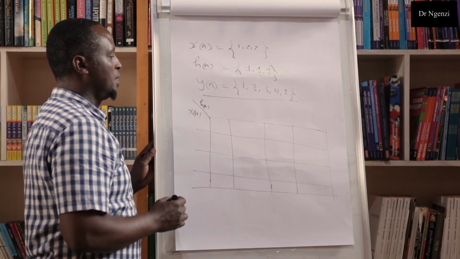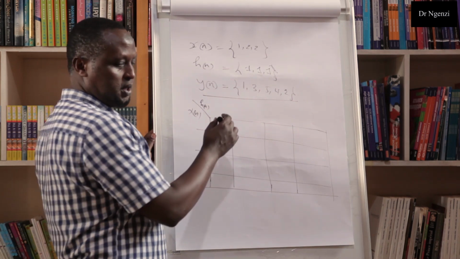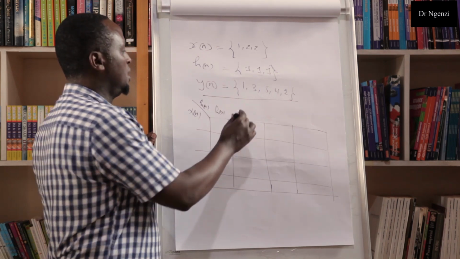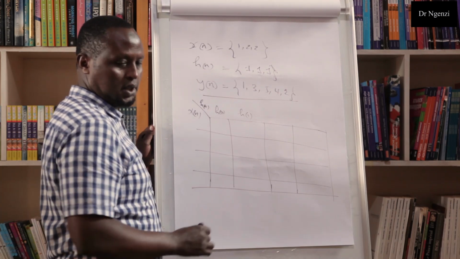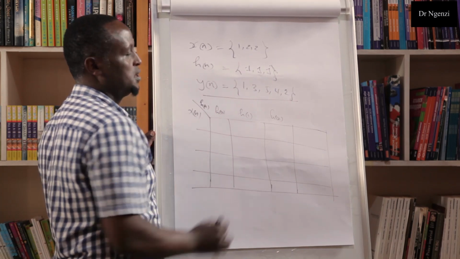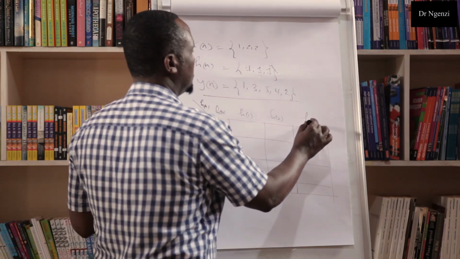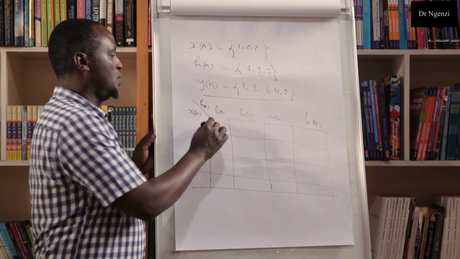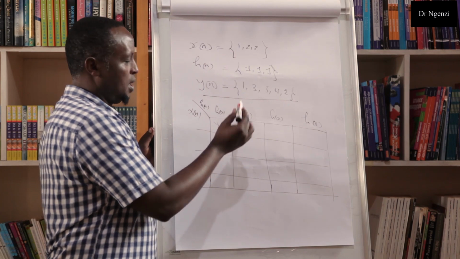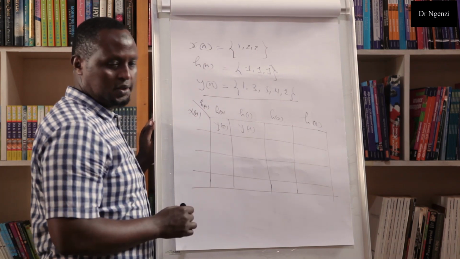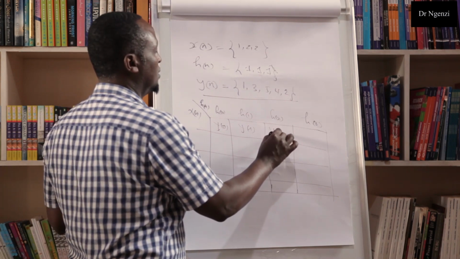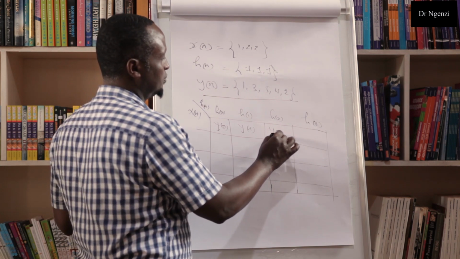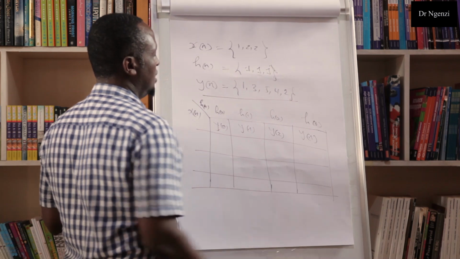The first box is going to be h of 0, then h of 1, then h of 2, then h of 3, because we are having some more values. Then we will also have y of 0, y of 1, y of 2, and y of 3. That is the response values.